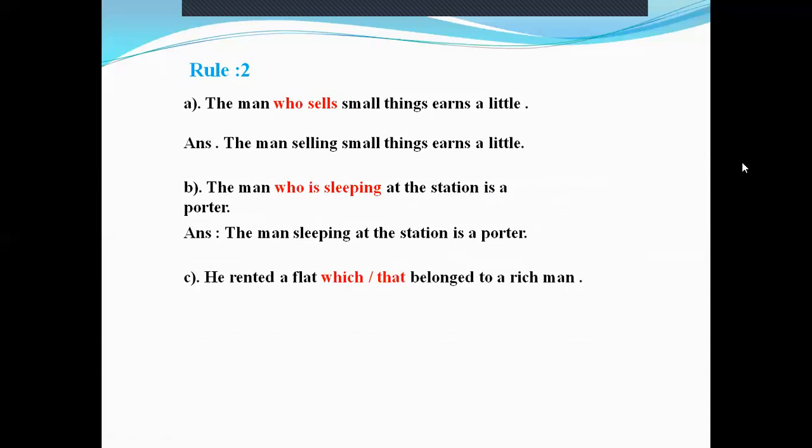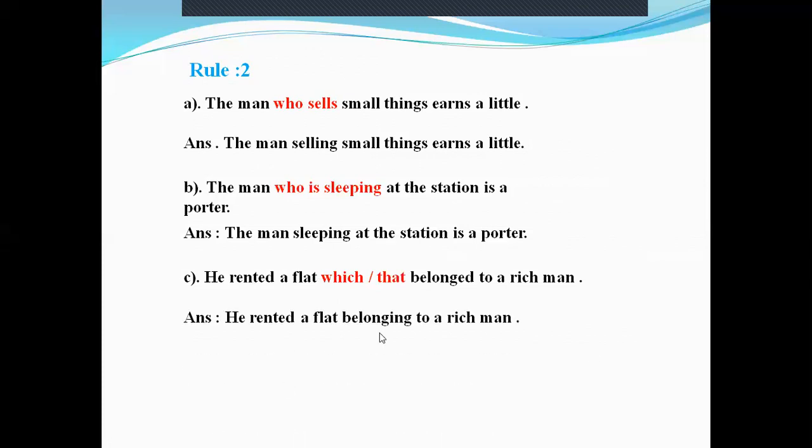Number C, he rented a flat which or that belonged to a rich man. Here, the subject is he, rent is the principal verb, flat is the object, and which or that are relative pronouns. If you get such a structure in a complex sentence, you just omit which or that and write the rest of the sentence.